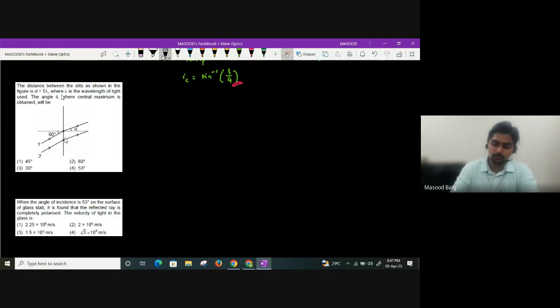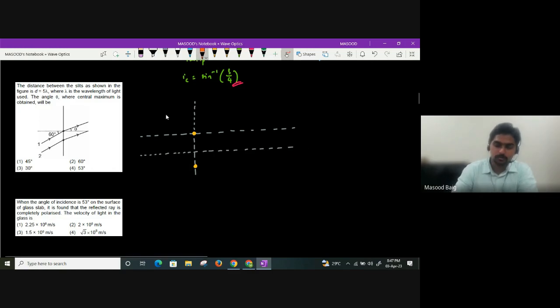For this question, let us imagine this is our horizontal. We have a slit here, we have a slit here. And how are rays coming, guys? They are coming from, if I imagine this is the perpendicular bisector of the slits.